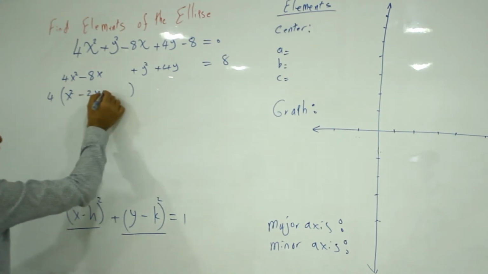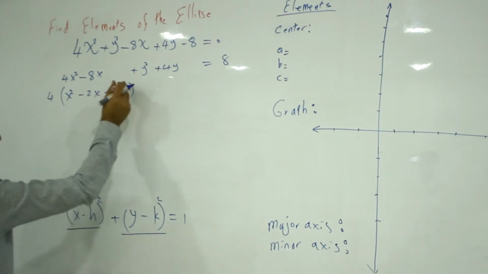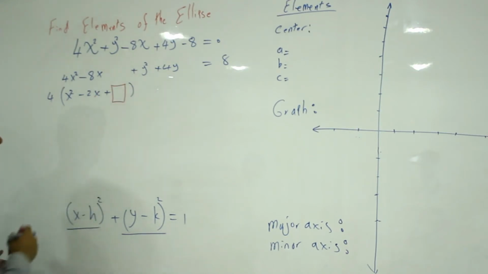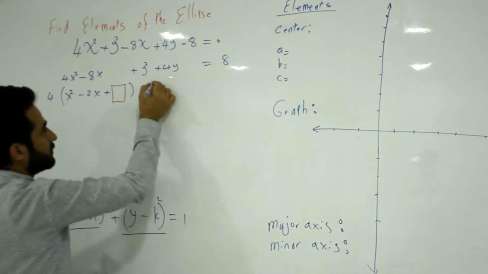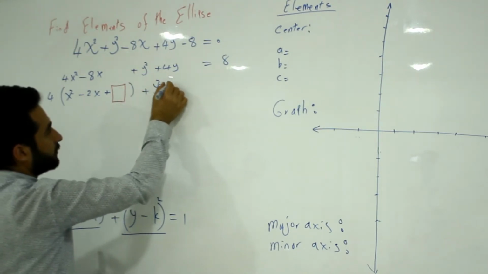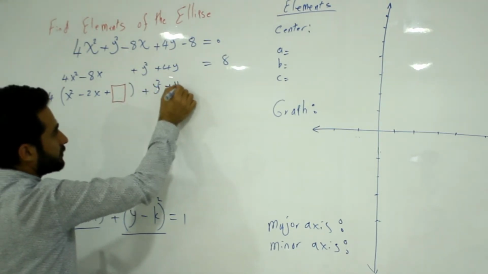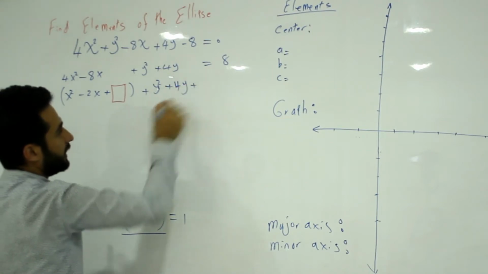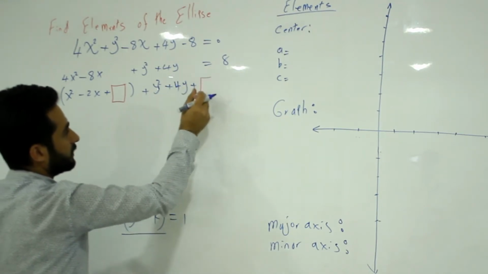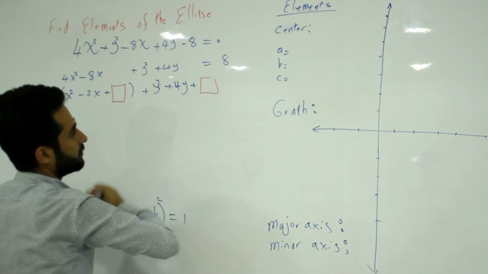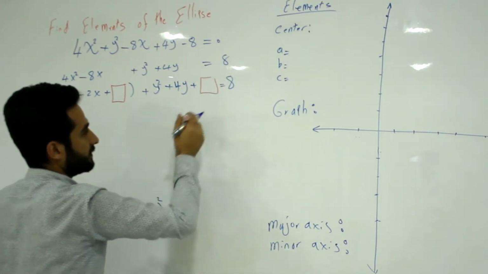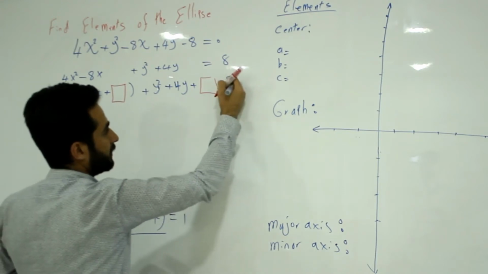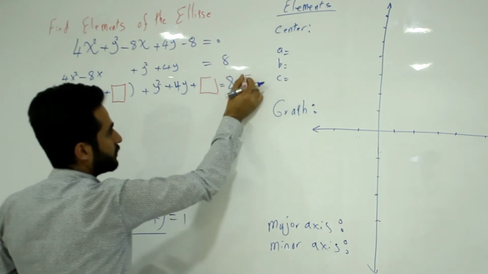And plus, we have to add a square. And then write this plus y squared plus 4y, and plus another square, equals 8 plus a square.